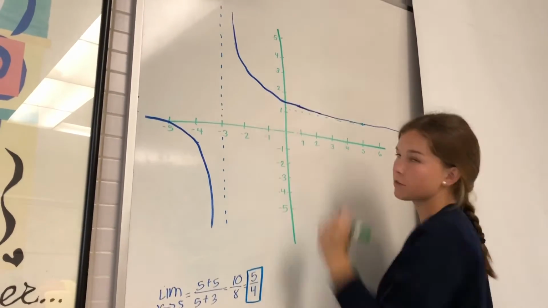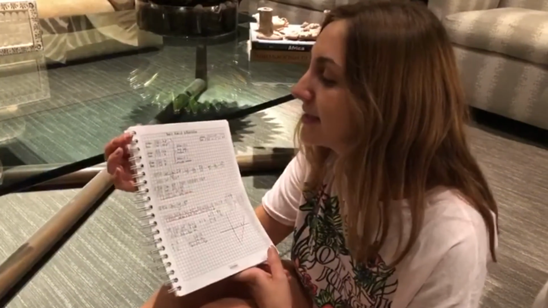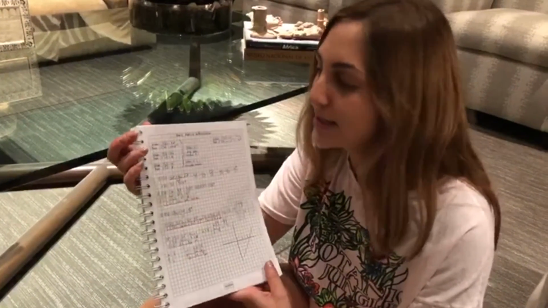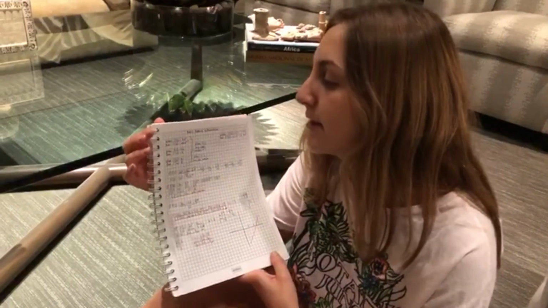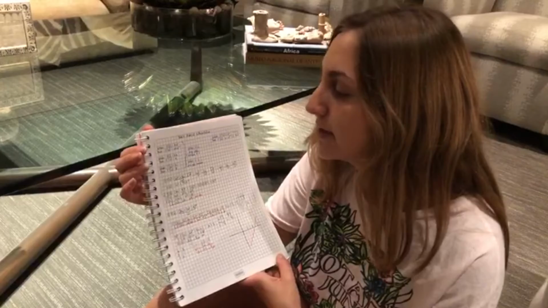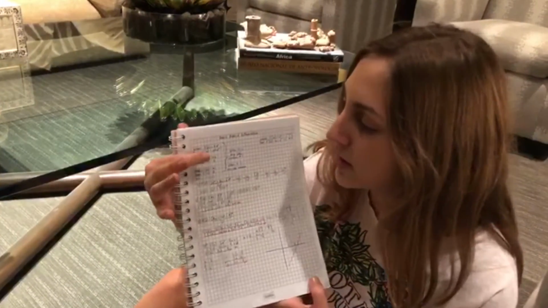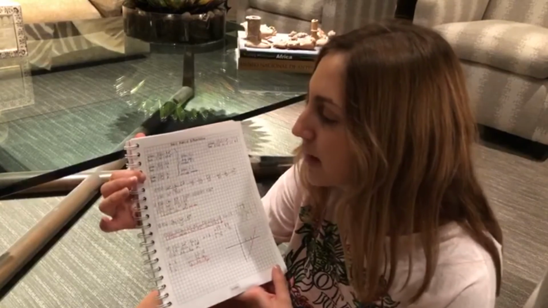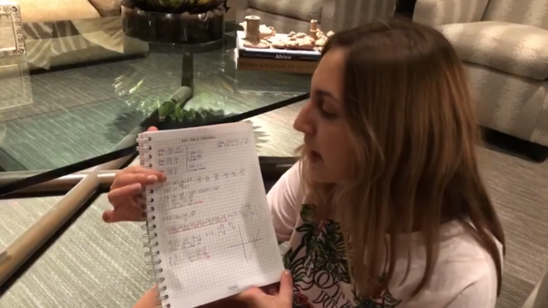The basic rules of differentiation: number 1, when f of x equals k x to the exponent n, the derivative is n k x to the n minus 1. The second one is when f of x equals kx, the derivative equals k.